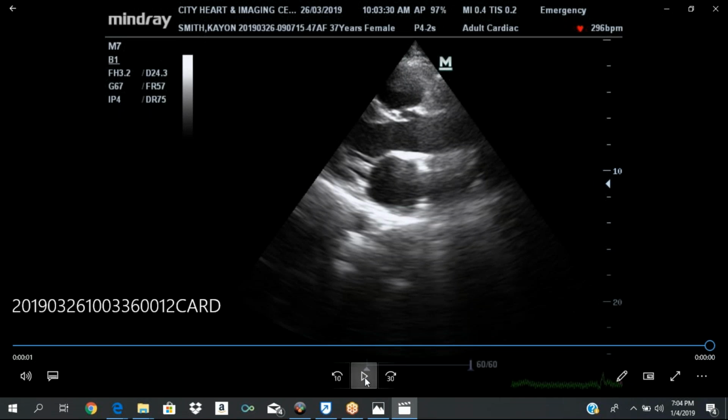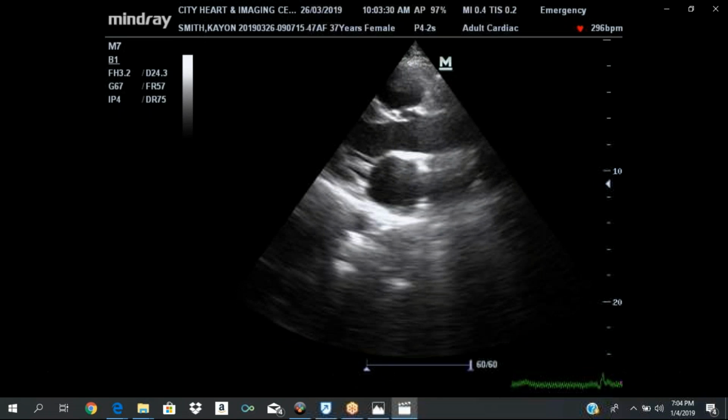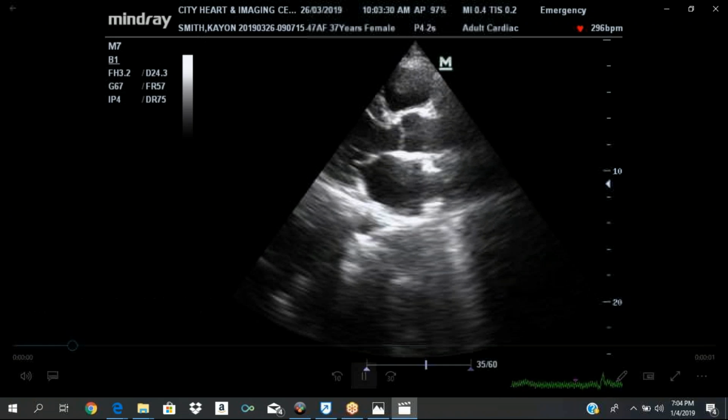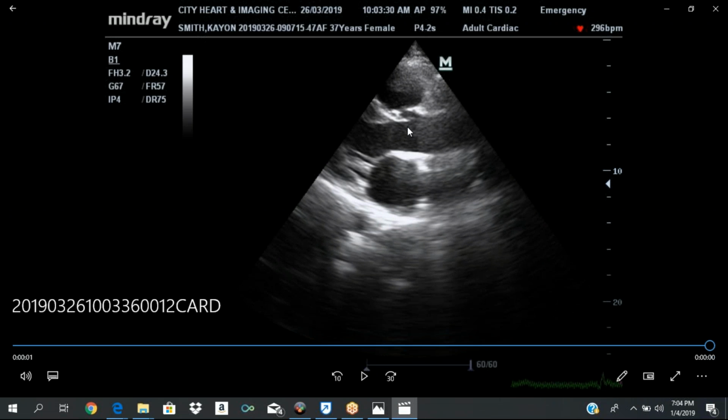So in the parasternal long axis view, you're supposed to see the valves opening and closing. This is your aortic valve, which opens in systole, and the mitral valve closes in systole. Again, your ECG is on the bottom. Your images are gated.